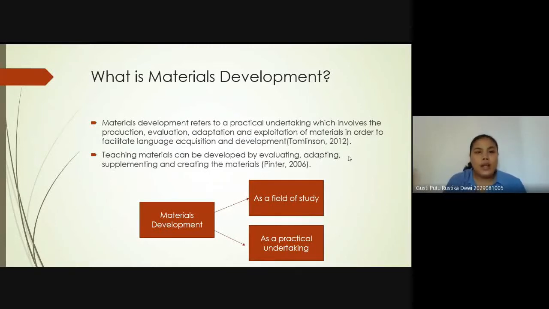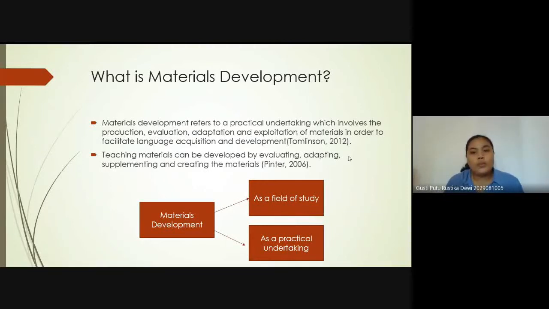So, materials development is viewed as a field of study because it studies the principles and procedures in designing, implementing, and also evaluating the teaching materials. And it is viewed as a practical undertaking because it involves effort of the writers and also the students in providing the source of language input, exploiting it, in order to stimulate output.